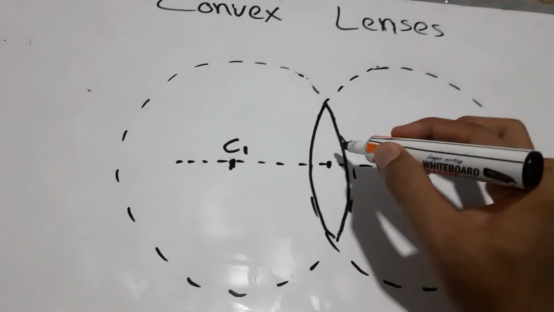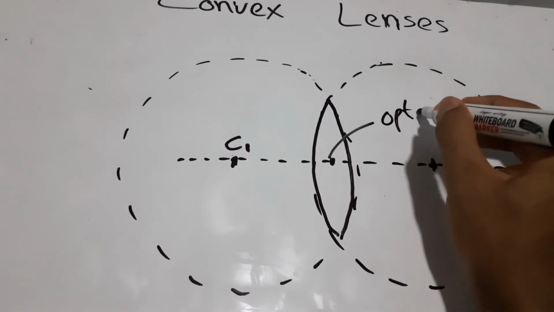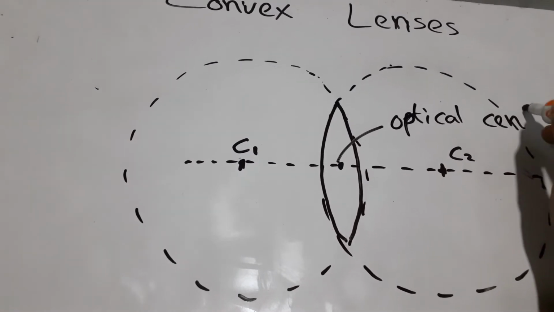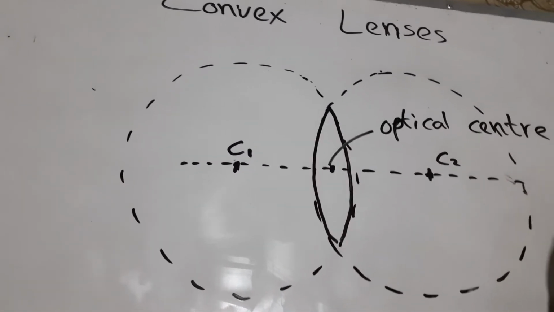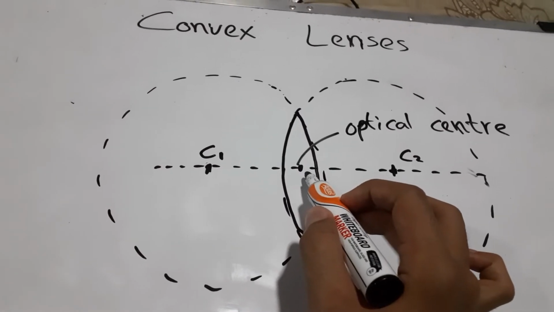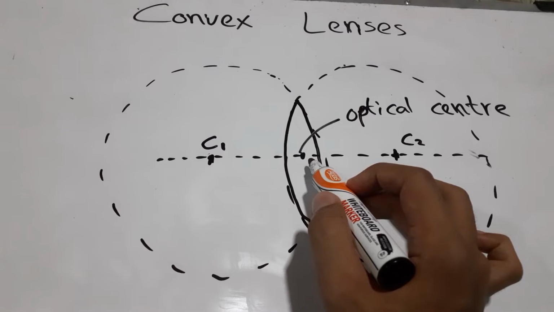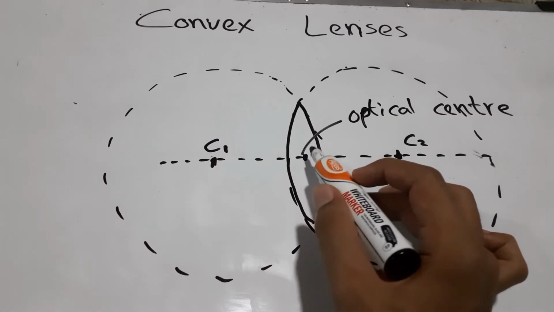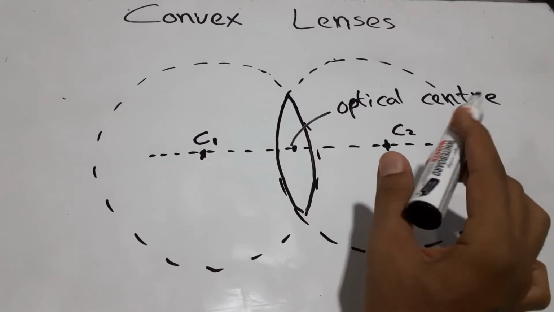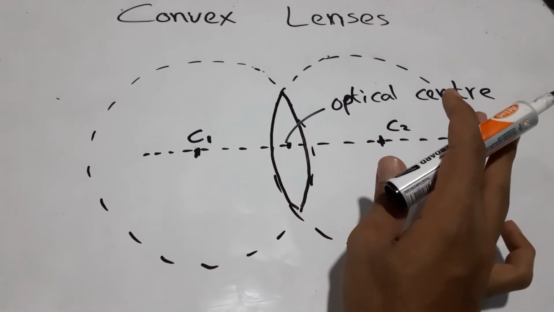We also call it the optical center. This optical center is the place at which light rays don't get refracted. If a light ray passes through this optical center, it won't be refracted either way.